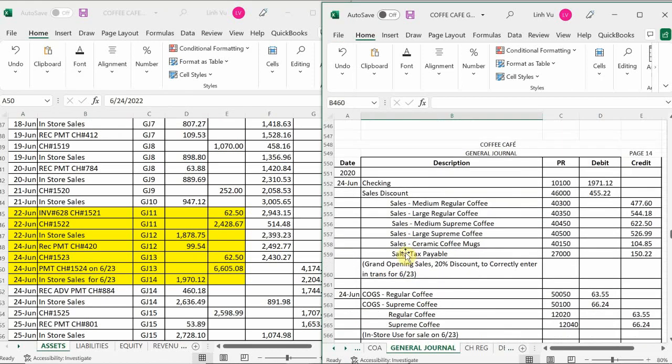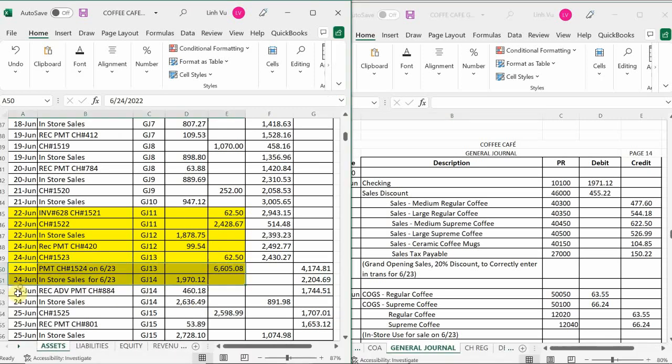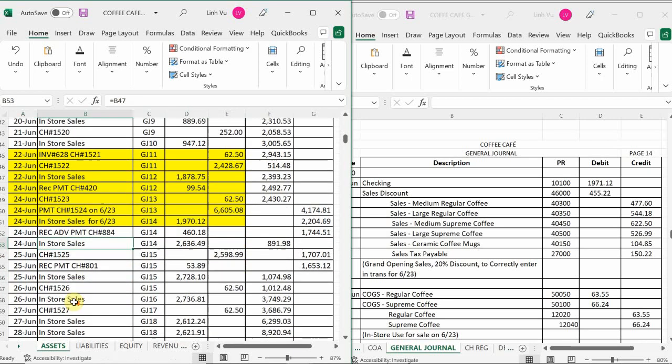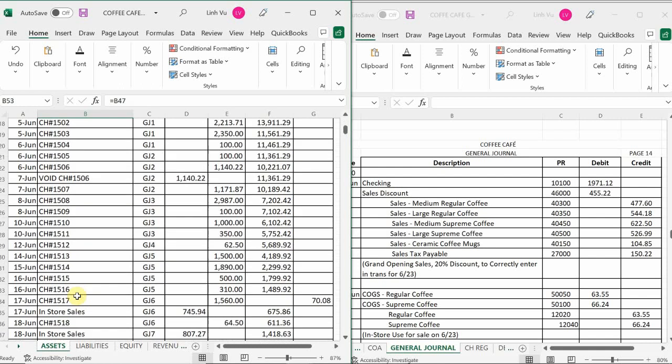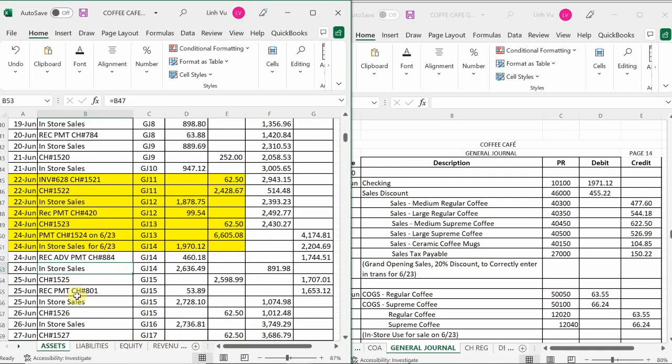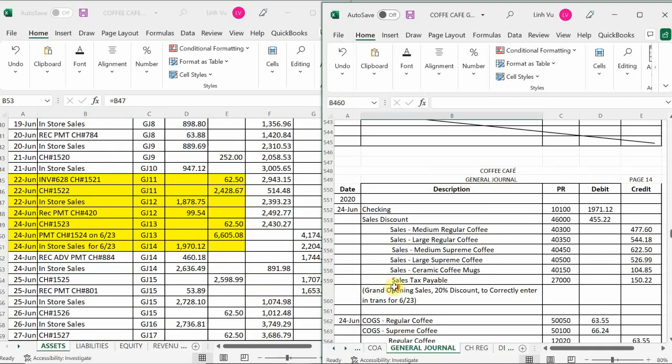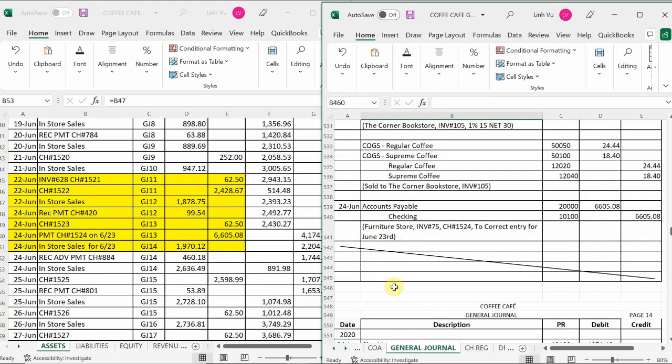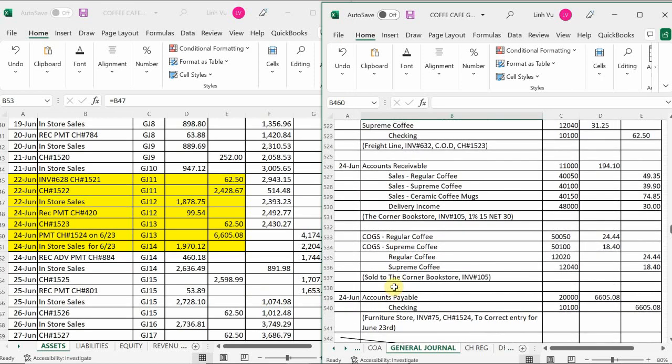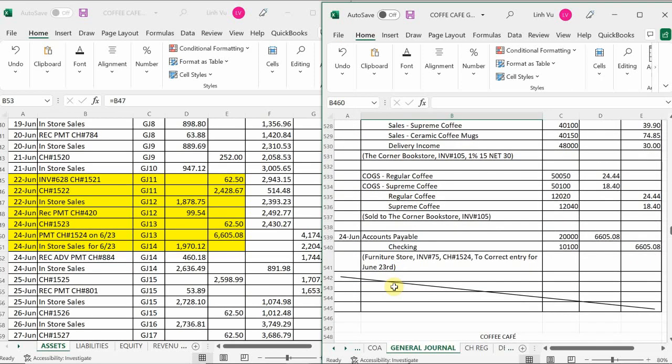Then we got the checking sales here. Checking. Twenty-fourth of June, we made a payment for the 6605.